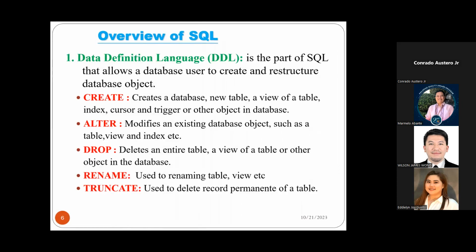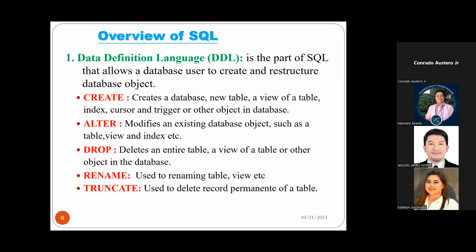One of the first additional pieces of information regarding the overview of SQL is the data definition language, or DDL, which is a part of SQL that allows a database user to create and structure its database objects. One of the functions that can be done is create.